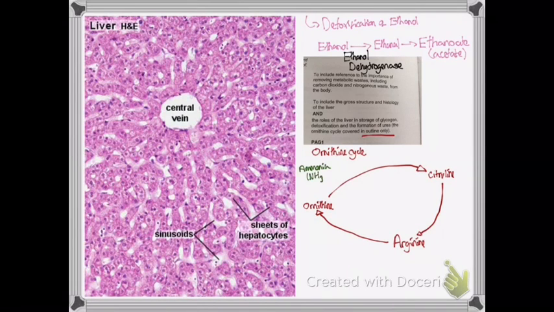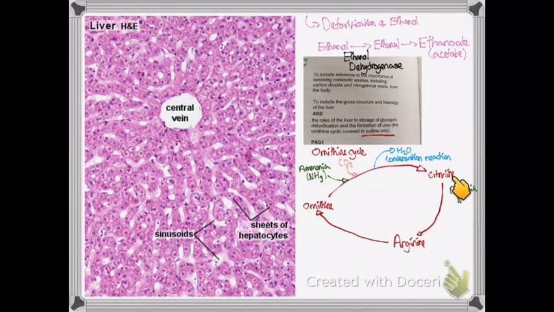So ammonia, which is NH3, plus ornithine, plus this CO2, creates a condensation reaction which gives out water, allowing citrulline to be produced. So ammonia and CO2 make citrulline, but water is given out as a byproduct.